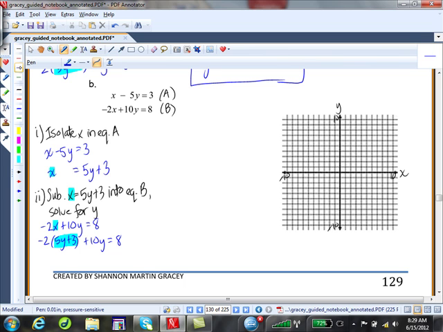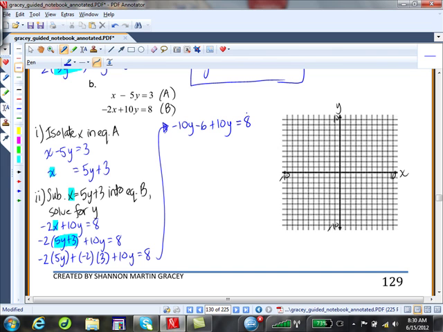So distributing, I'll show more work on this one. -2 times 5y plus -2 times 3 plus 10y equals 8. And then this will yield a result of -10y minus 6 plus 10y equals 8. This gives us 0y minus 6 equals 8.